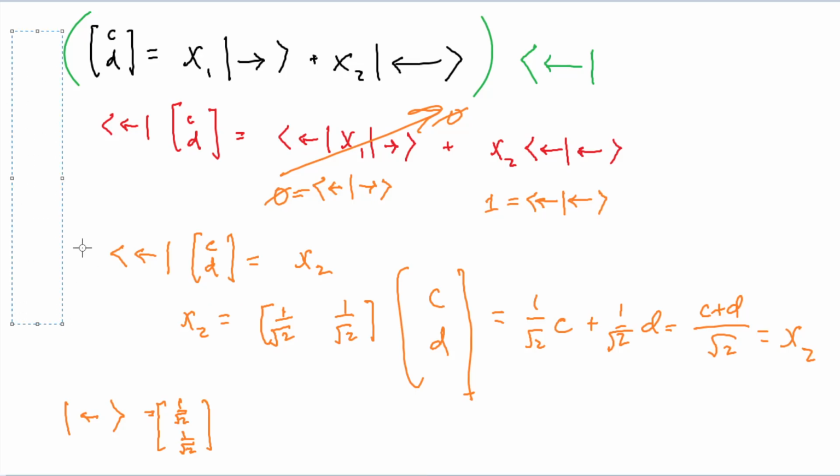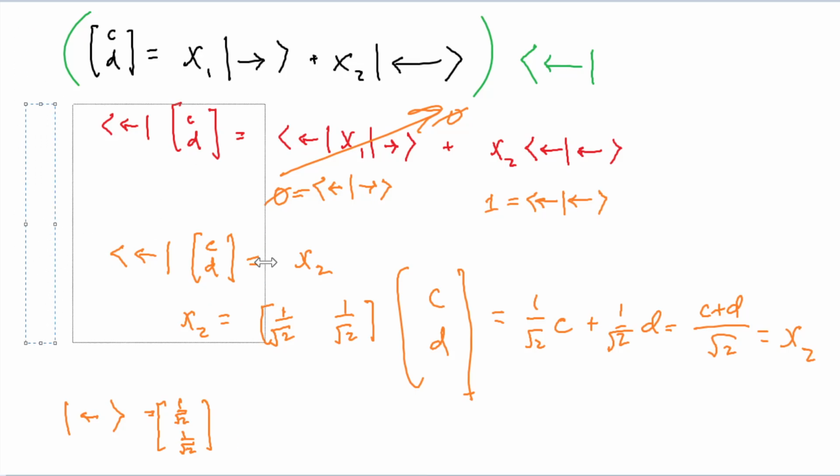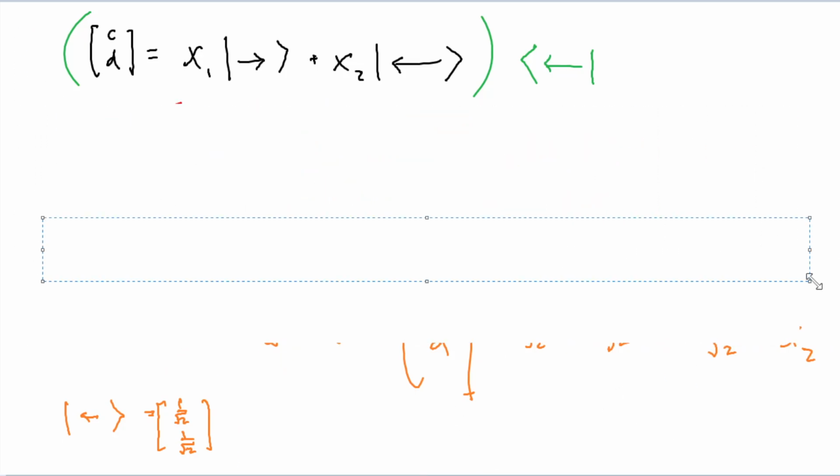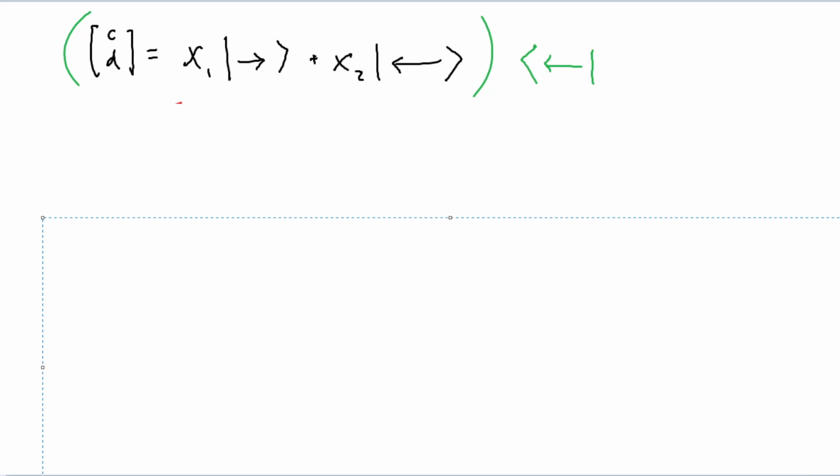Now, if we take the same method of solving, but instead of solving for x2, and let me rewrite what we have for x2 up here, so x2 is equal to C plus D over root 2. Let's try to solve for x1. Instead of multiplying by a bra vector to the left, let's multiply it by a bra vector to the right instead.